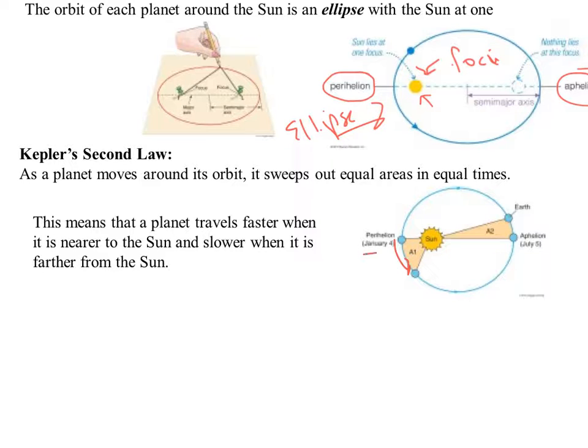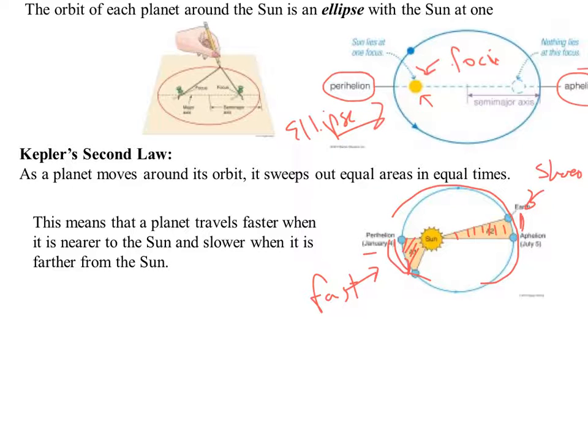This is perihelion. As they're far from the sun, they go slower. That's the crux of it. It also talks about equal areas, and this is the equal area, and it has to do with the fact that it's going faster here and slower here.